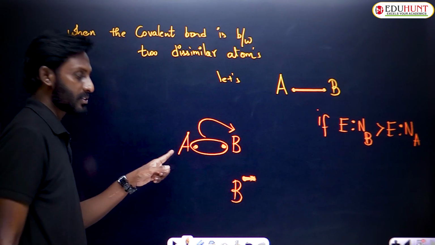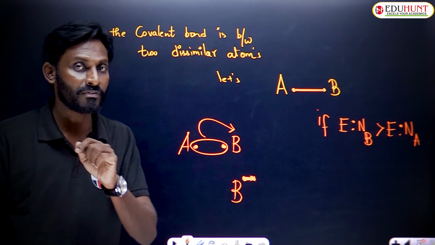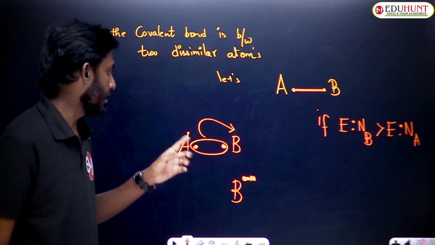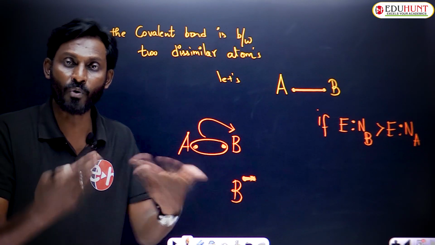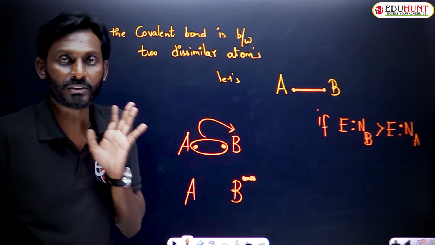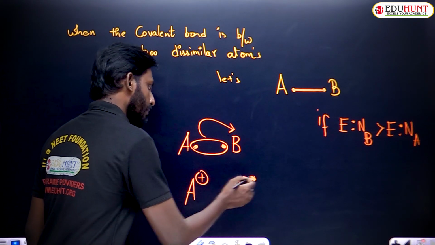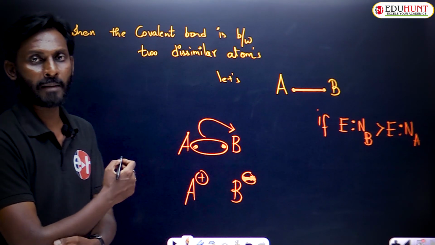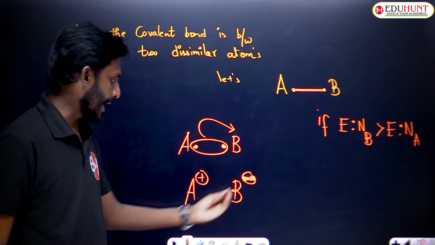Now what's the situation of A? You can expect it correctly. A has lost its own electron. That means when an atom is losing an electron, it will get a positive charge, 1 plus, 1 minus. So that's how a cation is formed, an anion is formed.